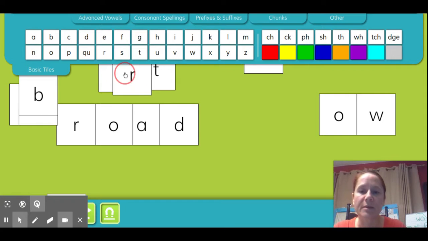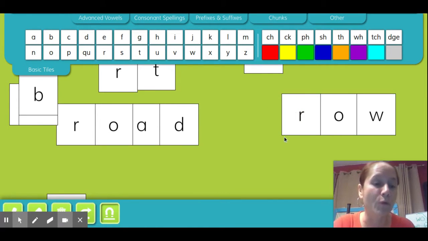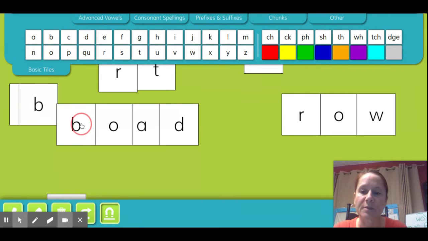And I'm just going to bring this R over. Great job. Row. Now, if I wanted to do boat, do you know where it would go? Would you pick OW or would you pick OA? And I wonder if I could just put this right on top. And if you picked OA, that's correct. Great job, boys and girls.